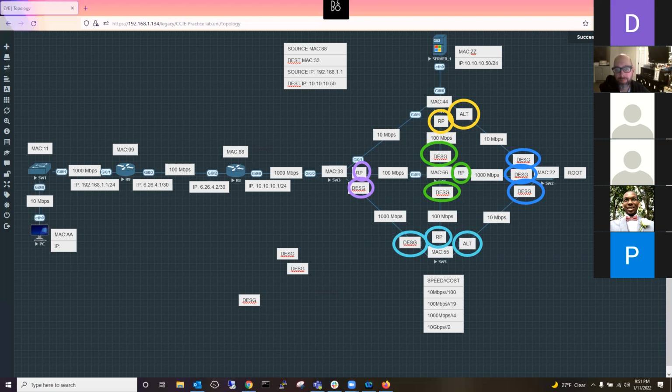Got it. So designated port. And what port is that going to be on? Gigabit Ethernet 0/1. Designated.